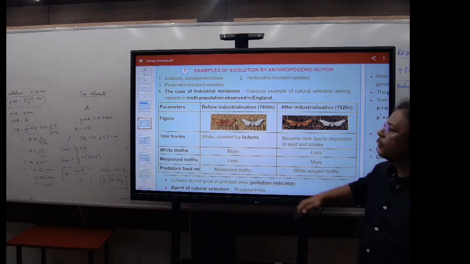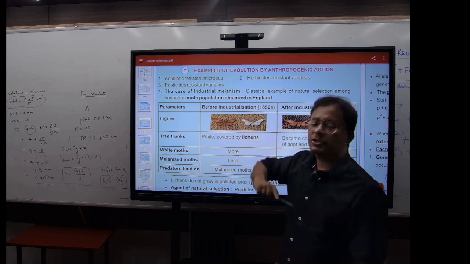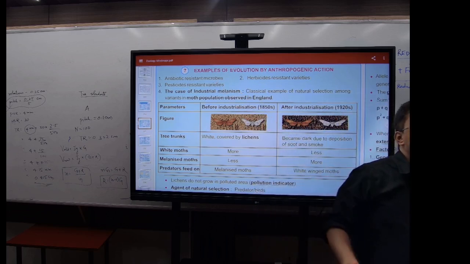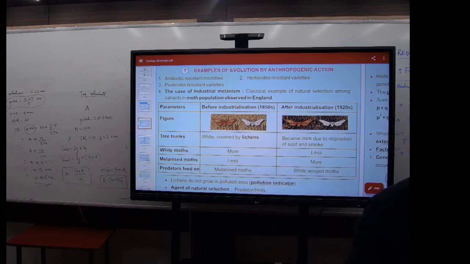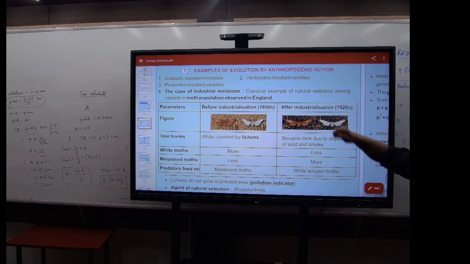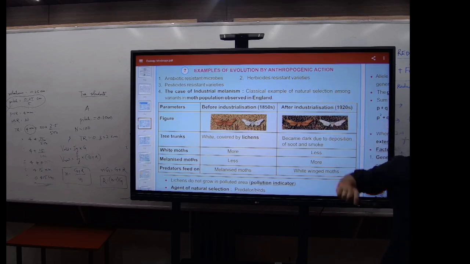For example, we were responsible for the creation of microorganisms which are resistant to antibiotics, herbicide-resistant insects, pesticide-resistant varieties. So, if humans were directly involved in the evolution of a species, that kind of evolution is called anthropogenic evolution.